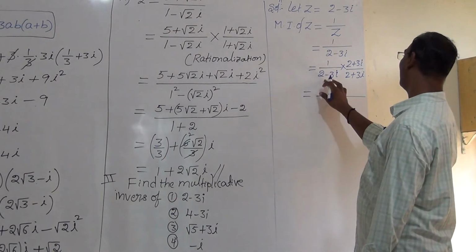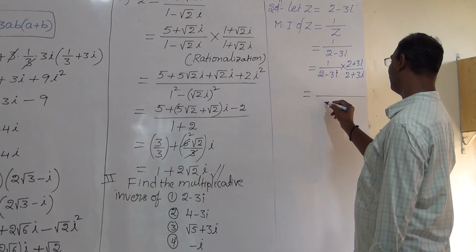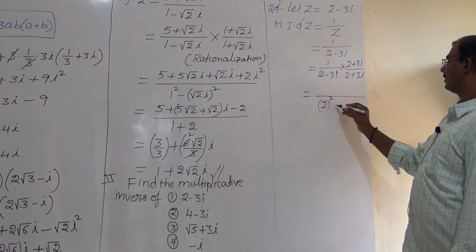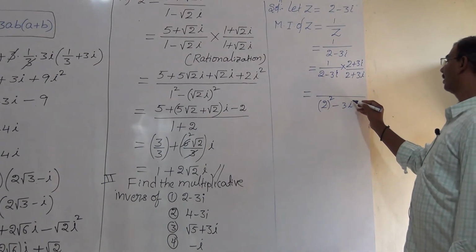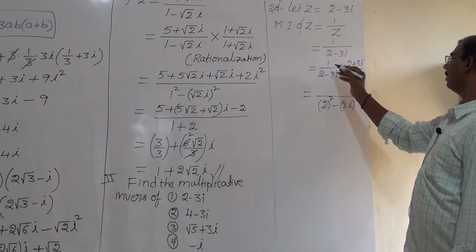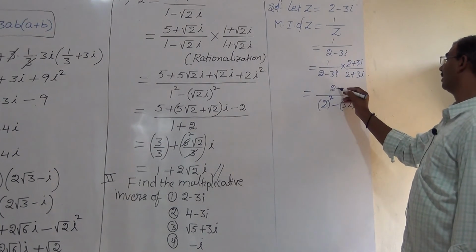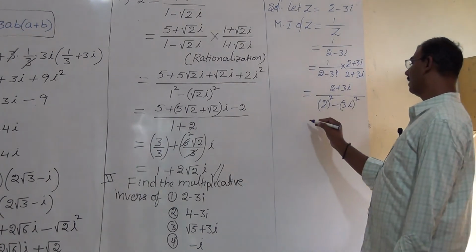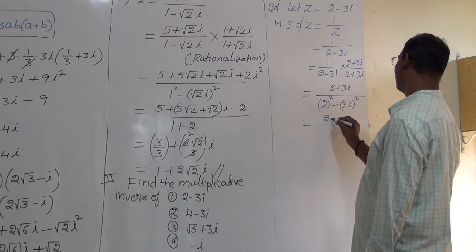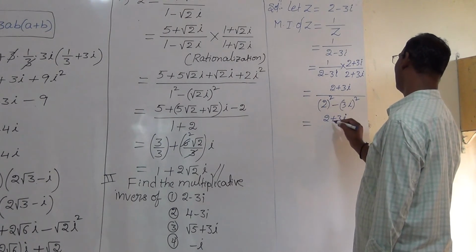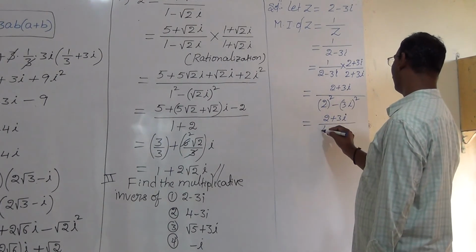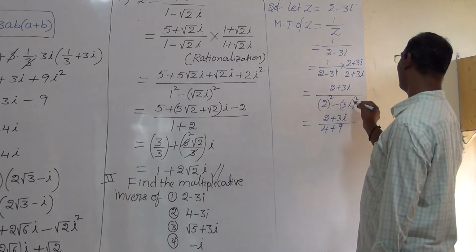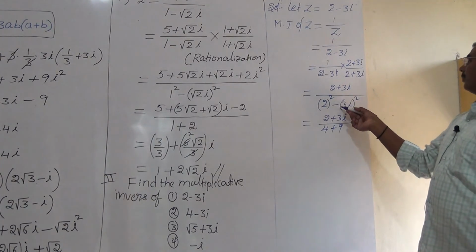So simplify this value. Then what do we observe? The same formula: a minus b into a plus b, so a square minus b square. 3 iota whole square. Numerator, 1 into this value, the same number, 2 plus 3 iota. This is equal to 2 plus 3 iota divided by 4 plus 9, since 3 iota whole square value gives plus 9.